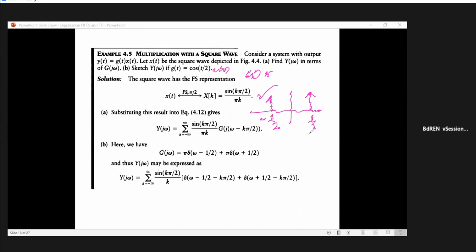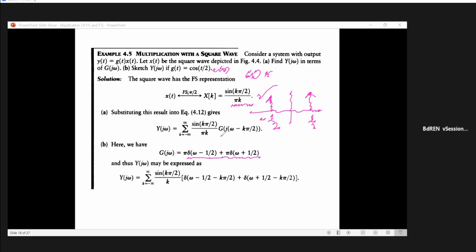Isn't it? Yes, so your omega 0 is not only half; in this case, your omega is appearing as well, because you see the periodic signal is there. So our G(omega) is this, and we have our periodic signal. Then what will happen?